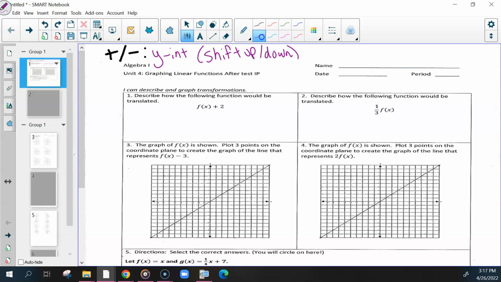Then, anytime we are multiplying by a whole number, by a fraction, it could be a negative, doesn't matter. Anytime we are multiplying the function by something, that is dealing with your slope.